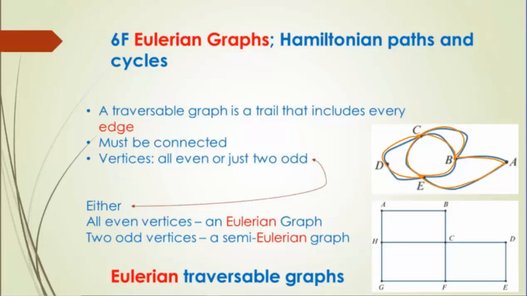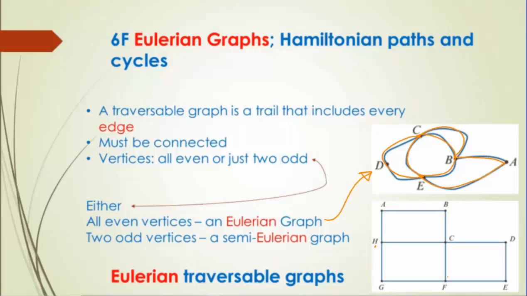Now, if it's even vertices, you can graph. You take this down and have it in one note. It's all even vertices. It's just a technical term. So this one here, this is an Eulerian graph because they're all even, and that's distinguished from a semi-Eulerian graph, which is 2 odds, like the one below here. 2 odds there, there's a 3 there, and there's a 3 there.